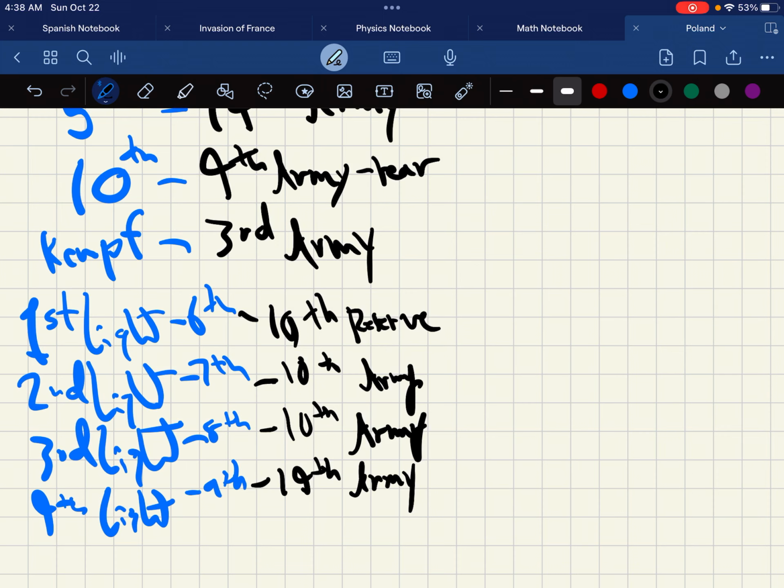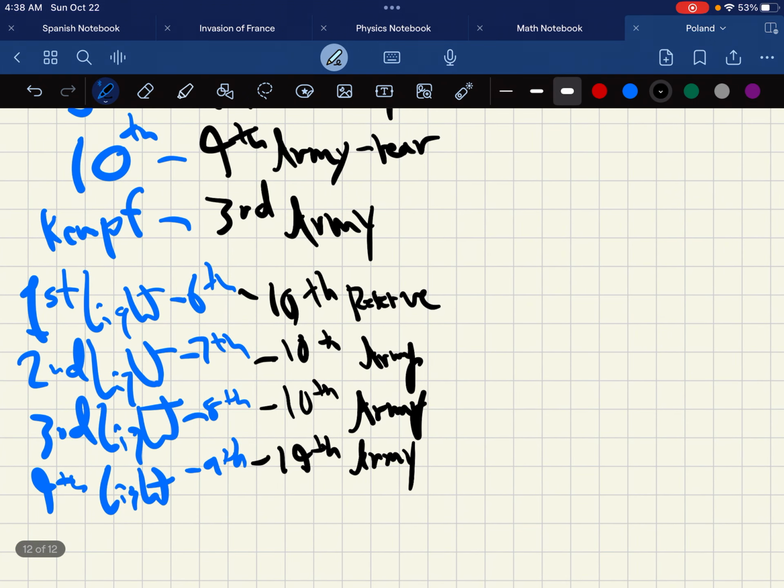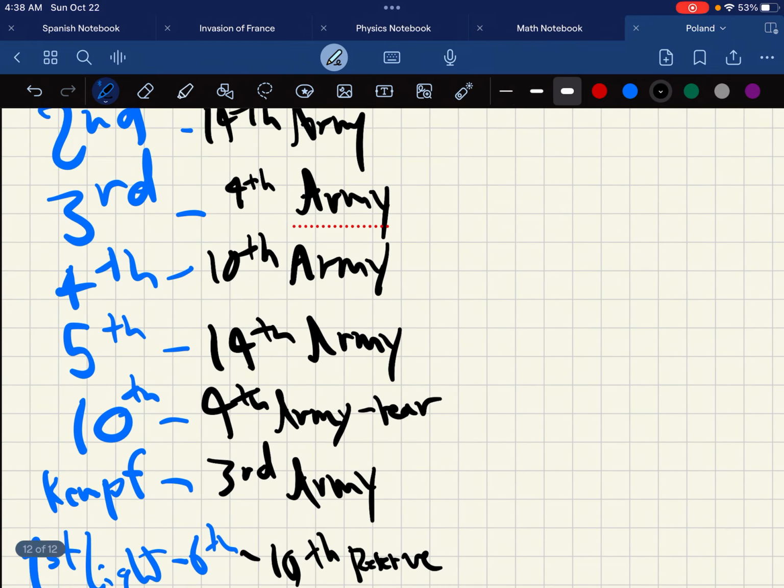If you hear something called the 3rd Light Division, know that that's basically the same thing as the 8th Panzer Division. It was officially called the 3rd Light Division, but some people mistakenly call it the 8th Panzer Division, probably because that's what it kind of was at some point.